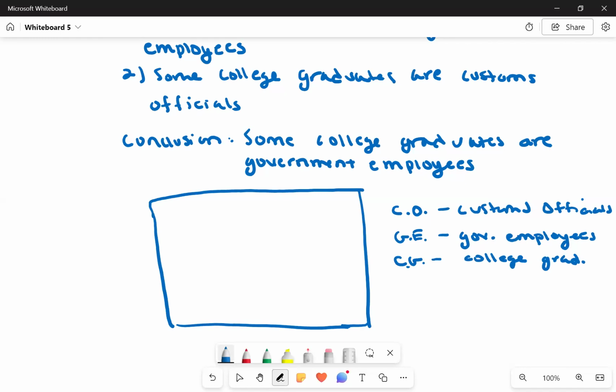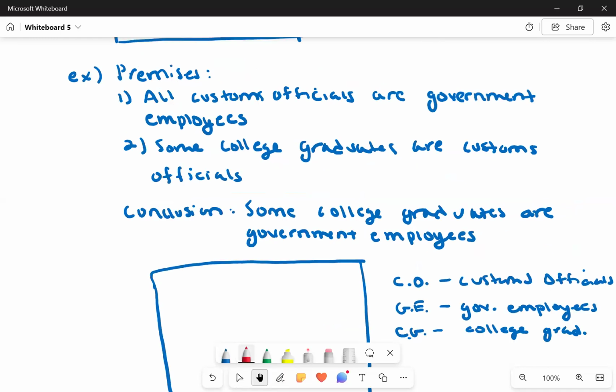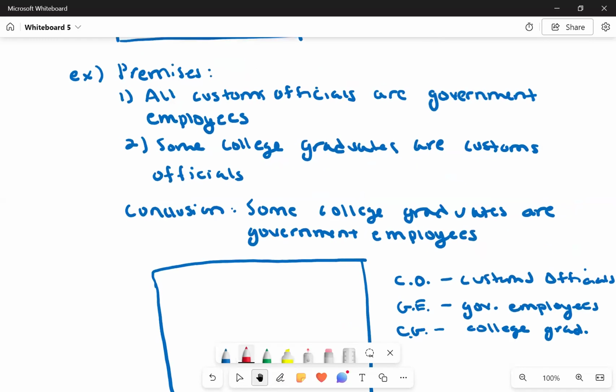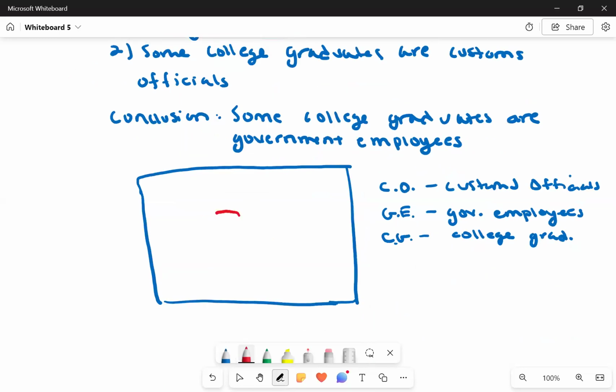So from the first statement, all customs officials are government employees, I'm going to do a subset there. So here's our category of customs officials within the category of government employees.